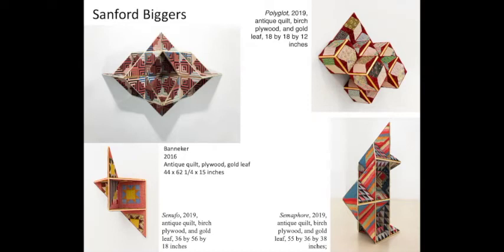His diverse practice positions him as a collaborator with the past through experimentation or explorations of often overlooked cultural and political narratives from American history. Working with antique quilts that echo rumors of their use as signposts on the Underground Railroad, he engages these legends and contributes to this narrative by drawing and painting directly onto them.